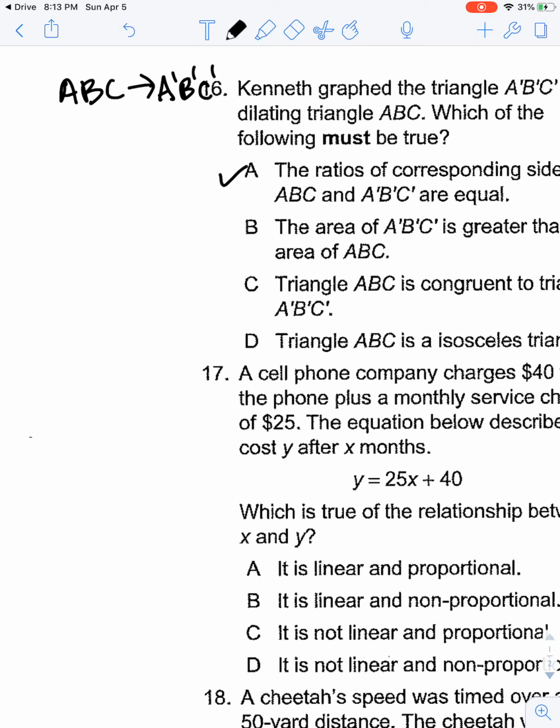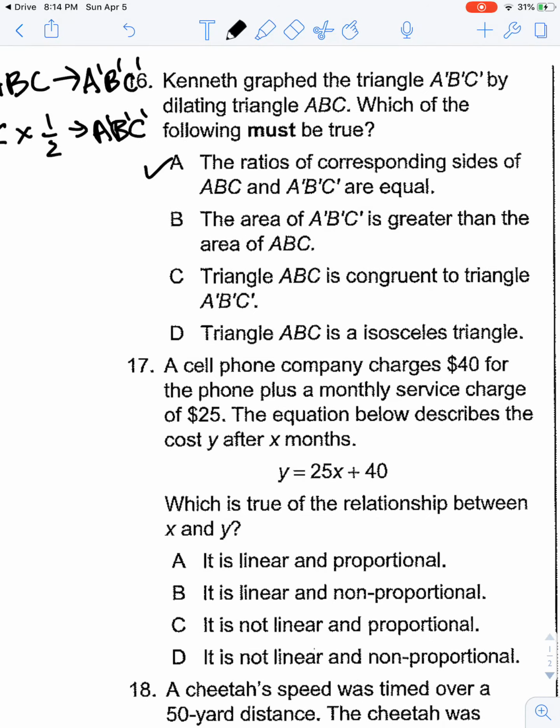In order to dilate it, he could have gone half size. That's still considered a dilation. So if you're going to multiply by half to get to A prime, B prime, C prime, that's not going to be true of B. So not necessarily for B.